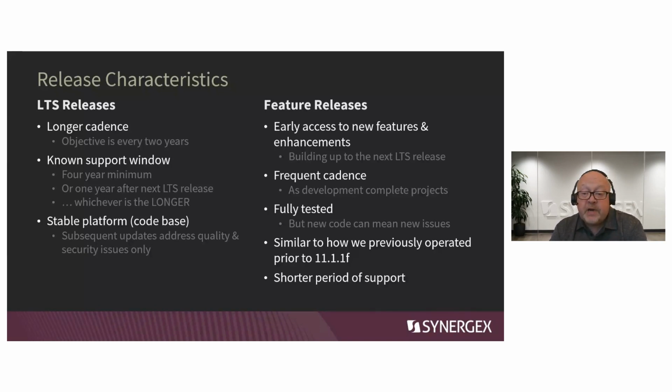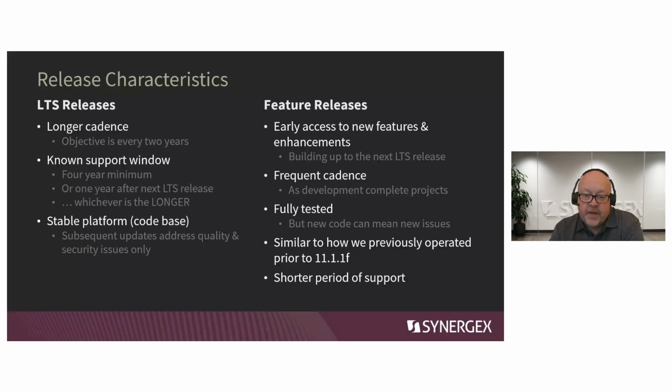So LTS releases will occur on a known cadence, with a new LTS release being published approximately every 2 years. And LTS releases also have an extended window of support that will last at least 4 years for each LTS release. So once published, updates to an LTS release will only contain quality improvements and security patches if necessary, but never any new or enhanced features.